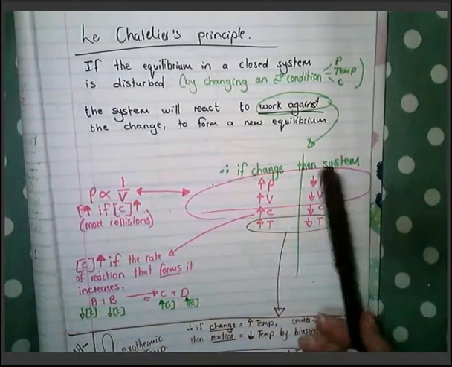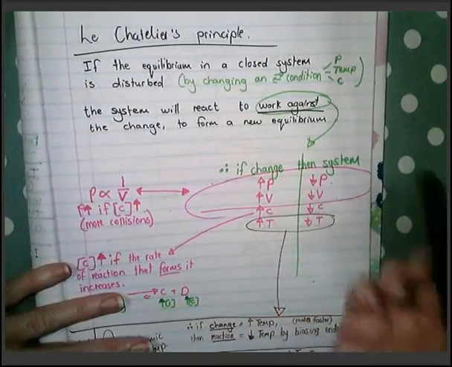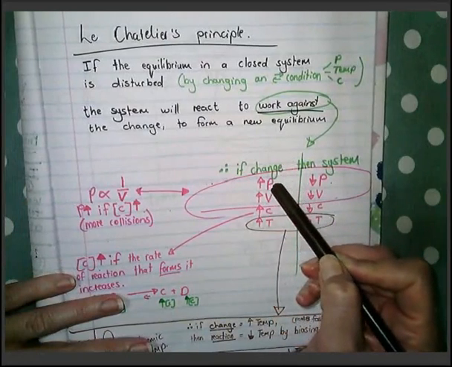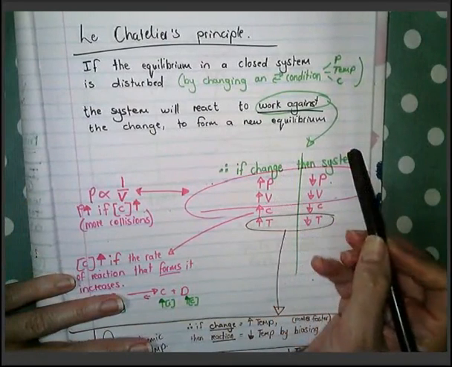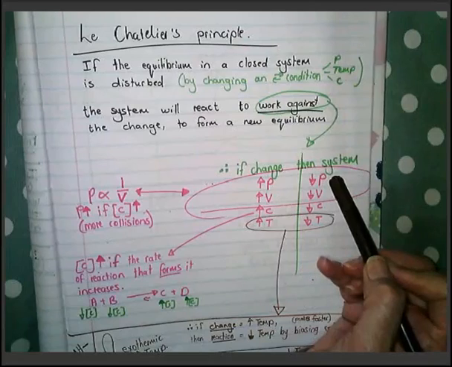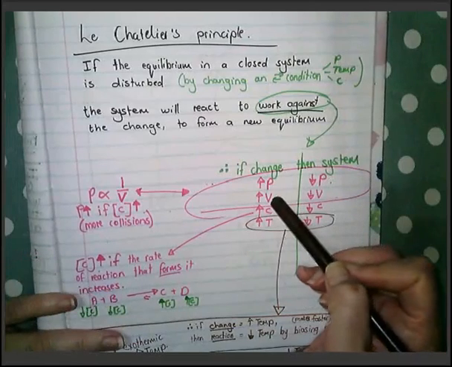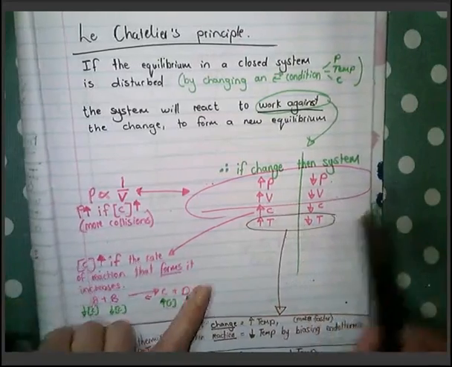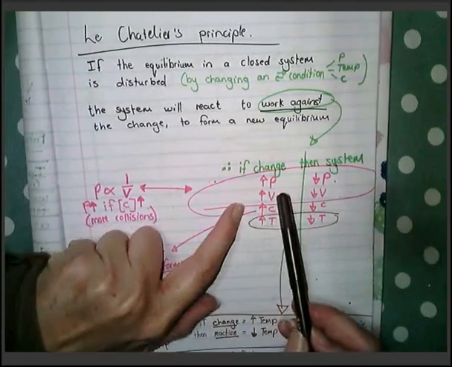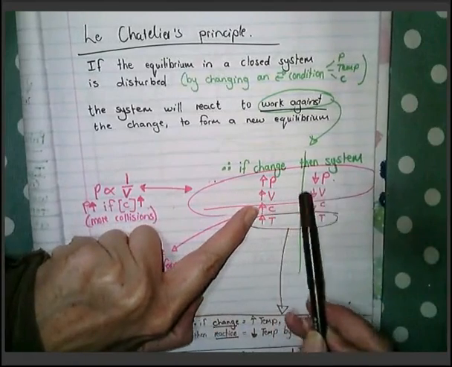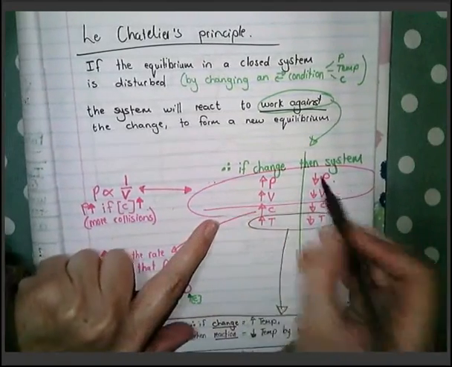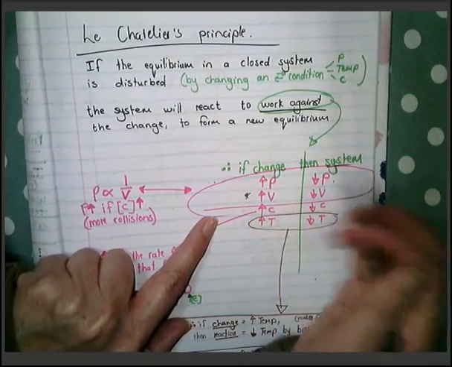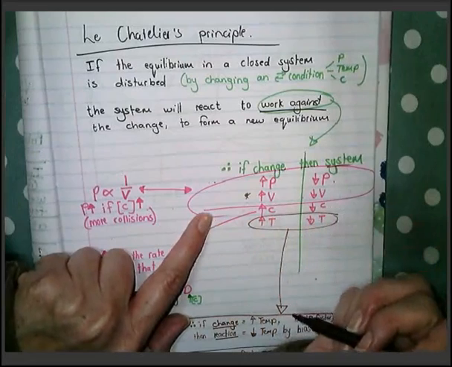Okay. So what that means is that if you change the pressure by increasing the pressure, the system will decrease the pressure. If you increase the volume or decrease the volume, you need to remember that the system is just a lot of chemicals. It can't do anything to the volume of the container.